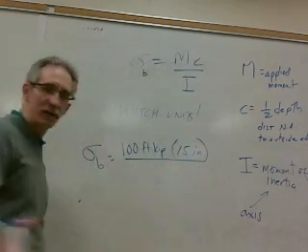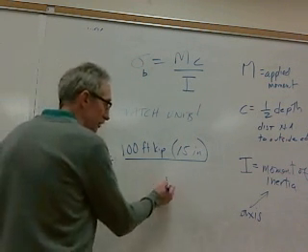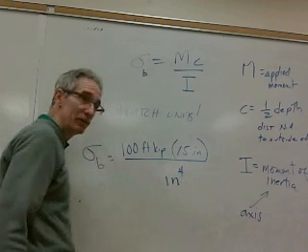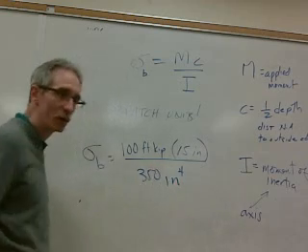Then if you look in the back of your book, or calculate moment of inertia, what was the typical unit for moment of inertia for a lot of the stuff we did back in several chapters ago? Well, the unit was like inches to the fourth, right? That was very common. So, you know, you might have 350 inches to the fourth.